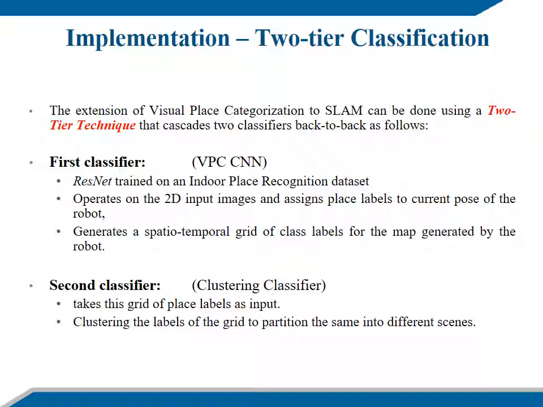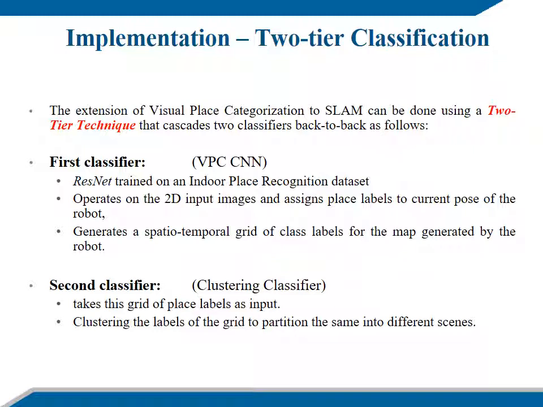Because these images correspond to different robot pose estimates as it propagates for SLAM operation, at the end of the SLAM operation, the output of the CNN generates a spatial grid of scene labels that correspond to the indoor map.